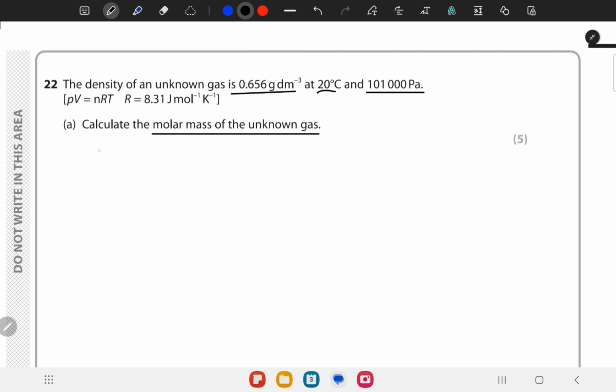To use PV equals nRT, however, we need the volume in meter cube. So we'll convert 1 dm cube to meter cube. 1 dm cube is 10 to the power minus 3 meter cube. The pressure is 101,000.